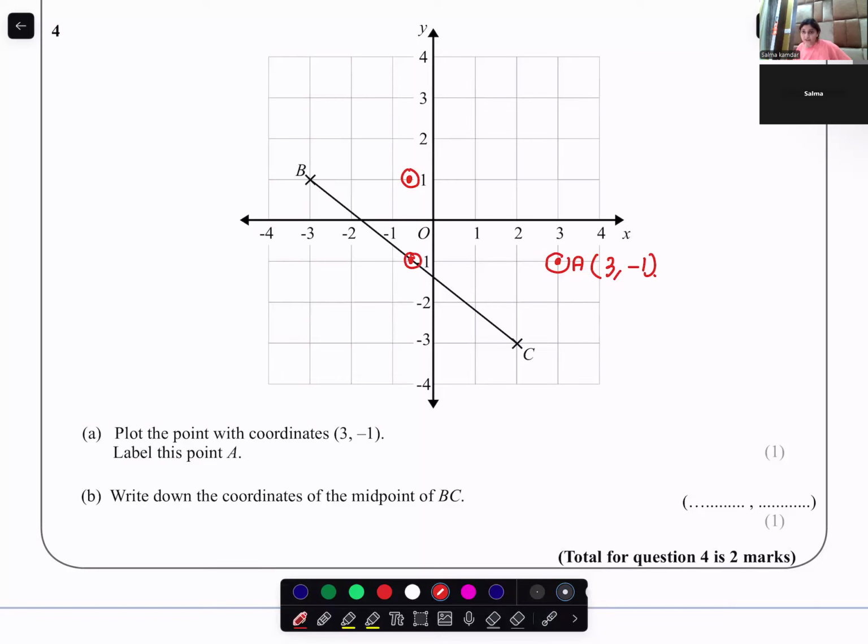So the coordinates of it would be, your x coordinate is -0.5 and the y coordinate is -1. So -0.5, -1.